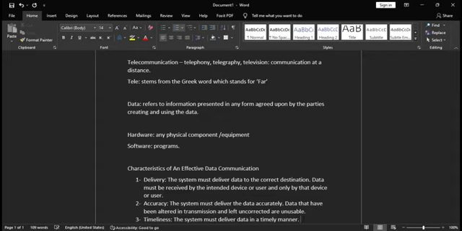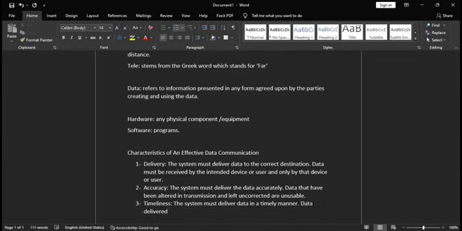Okay, in a timely manner. Now, further emphasis is given here. Data delivered late are useless.